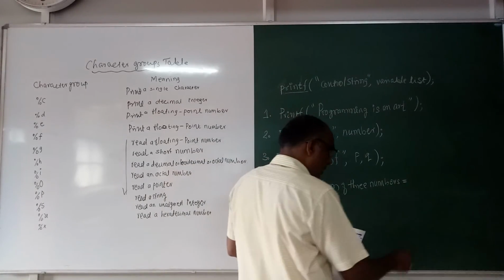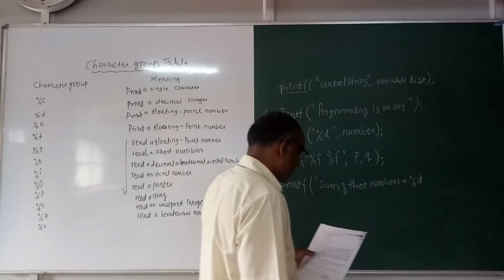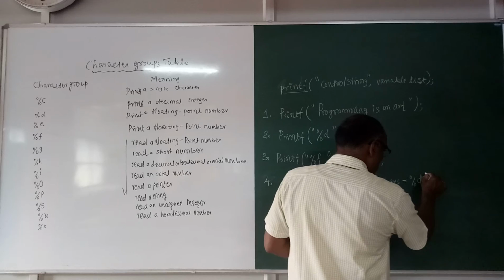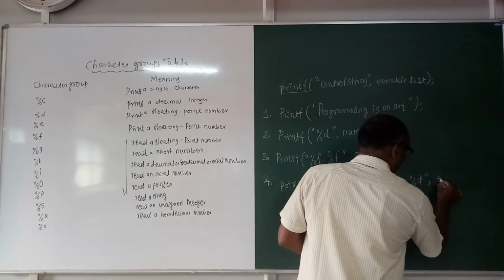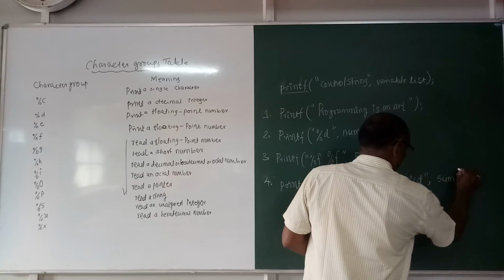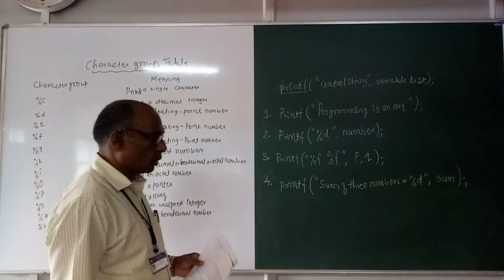Here we are giving the data type, that is %d, and then we are closing this, comma, and then we are writing the variable. What will be the output of this?